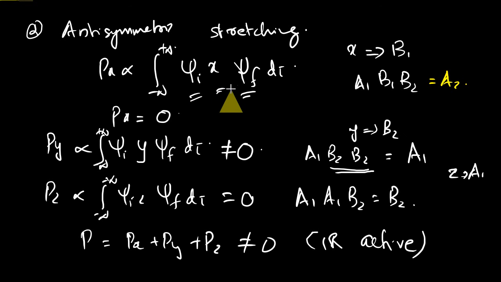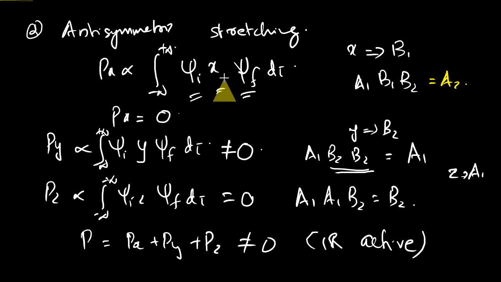The symmetry of these two is important, because it determines whether the direct product will be totally symmetric or not. If x and psi f have the same symmetry, then the product will be A1.